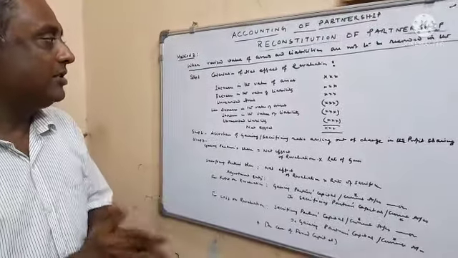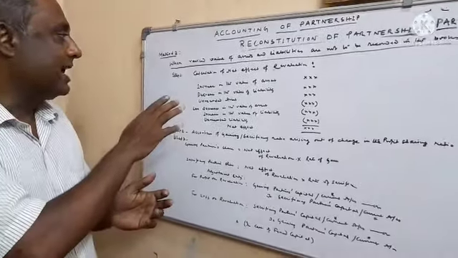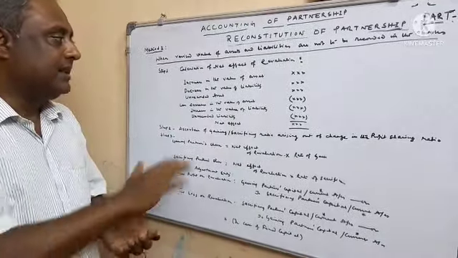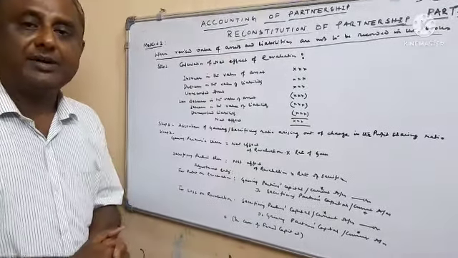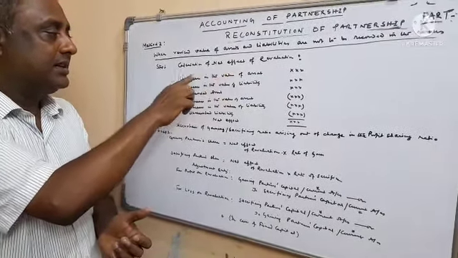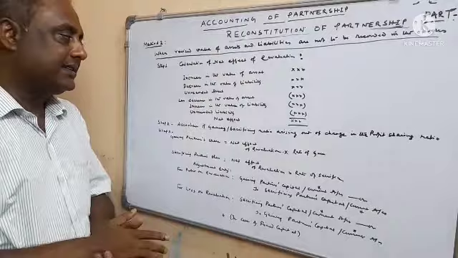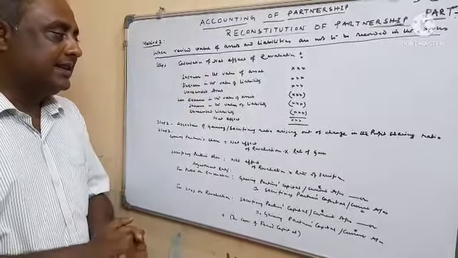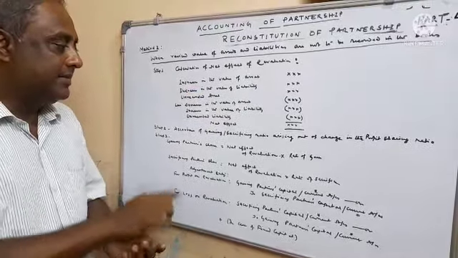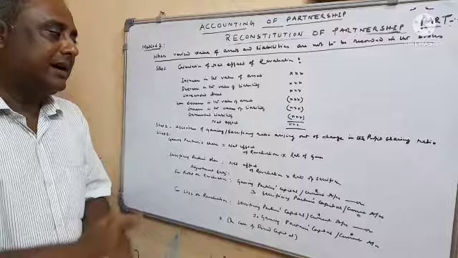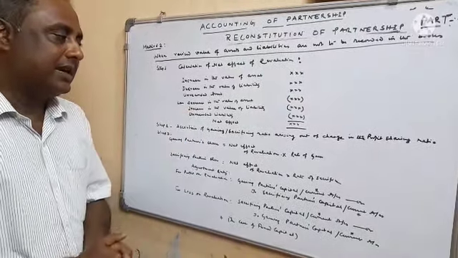Here also the same concept we will apply for calculation of net effect of revaluation. That is step 1. For calculation of net effect of revaluation, credit side items written in the revaluation: increase in the value of asset, decrease in the value of liability, unrecorded assets, less all debit side items: decrease in the value of asset, increase in the value of liability, unrecorded liability.